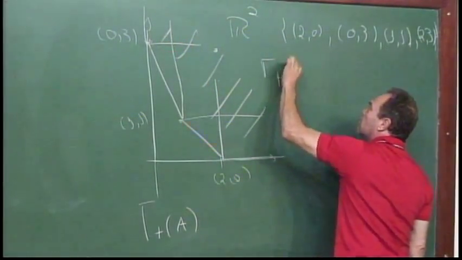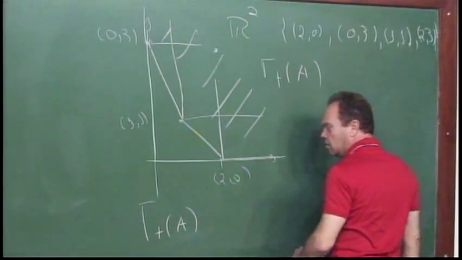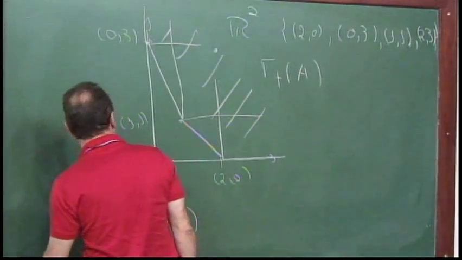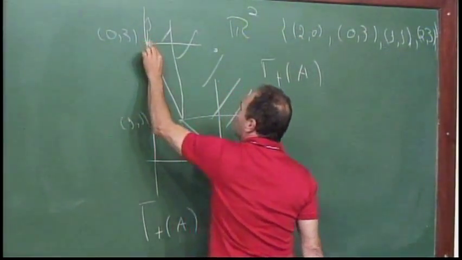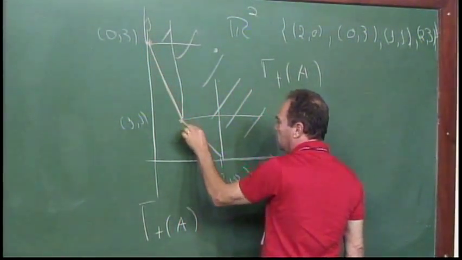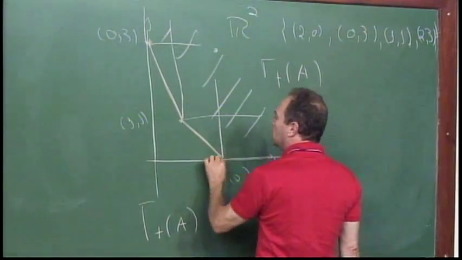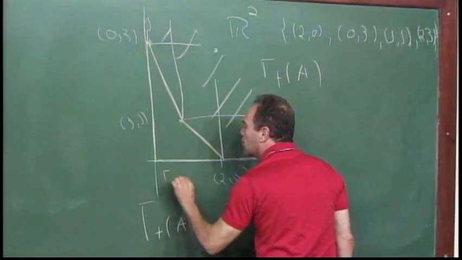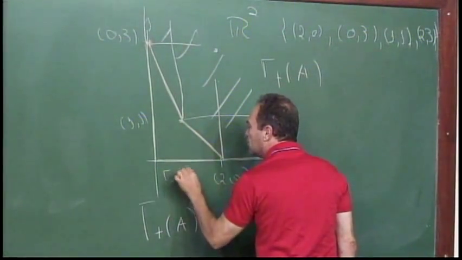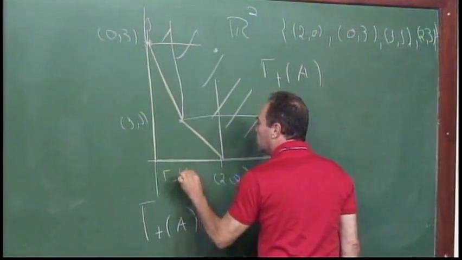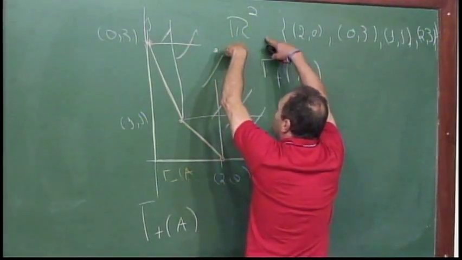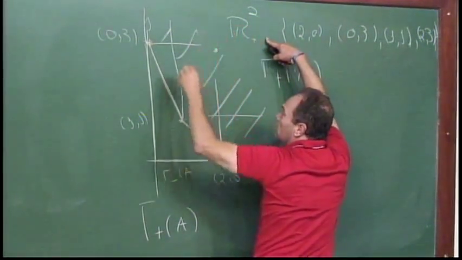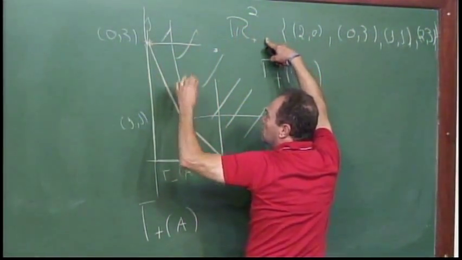This is Gamma_+ of A. It's important to emphasize that in this example, we have another polygon here, which I call Gamma_- of A, which is the difference with R^2_+, because I'm looking for polygons.